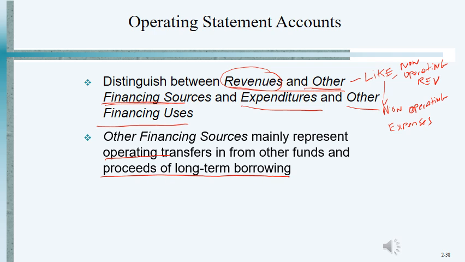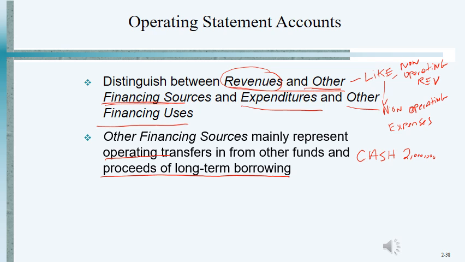What are we talking about here? Remember, we said that there is no long-term debt reported on the balance sheet of our governmental funds. So when we issue debt, obviously we debit cash. Say we issue bonds for, I don't know, $2 million. We're going to debit cash $2 million. We can't credit bond payable here because we don't have any long-term debt.